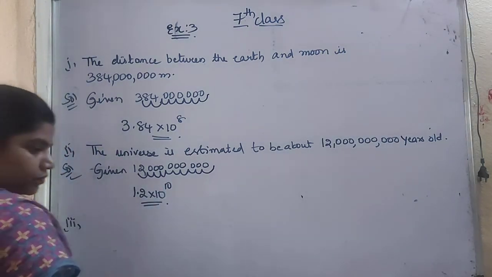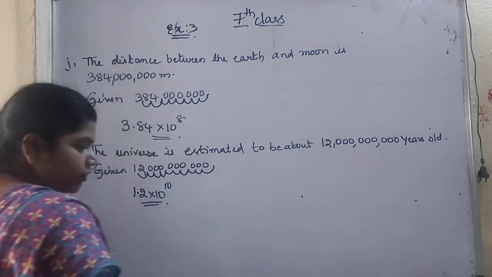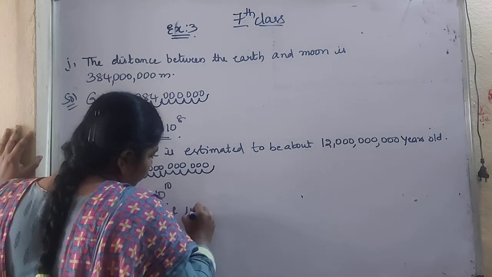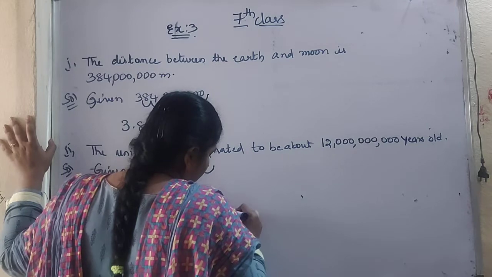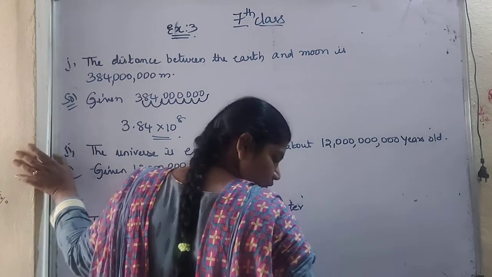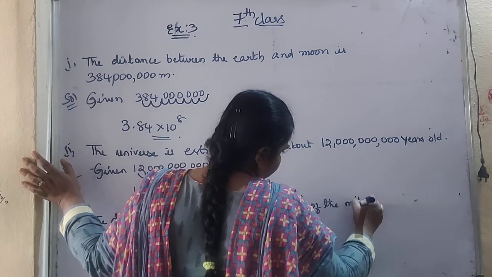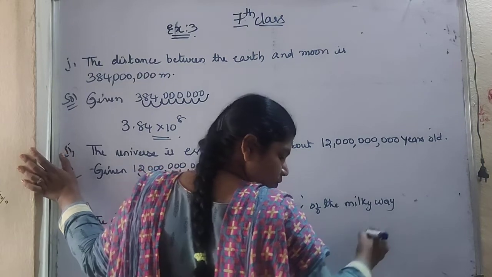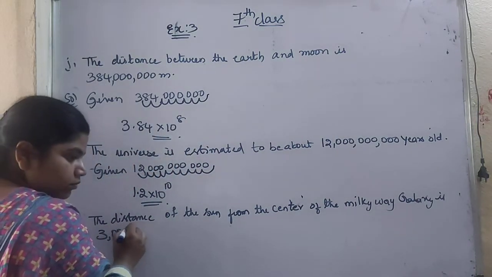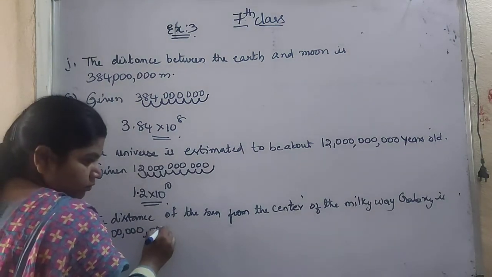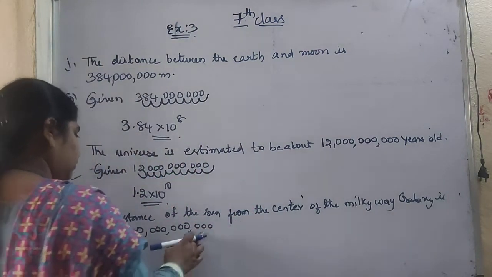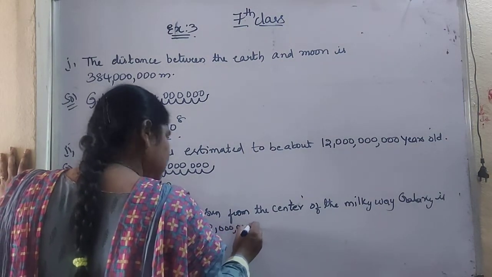So third one, the distance of the sun from the center of the Milky Way galaxy is, what is the distance here? How many zeros? 6 meters.